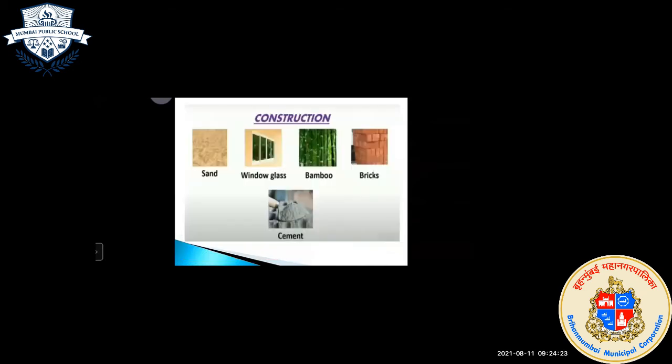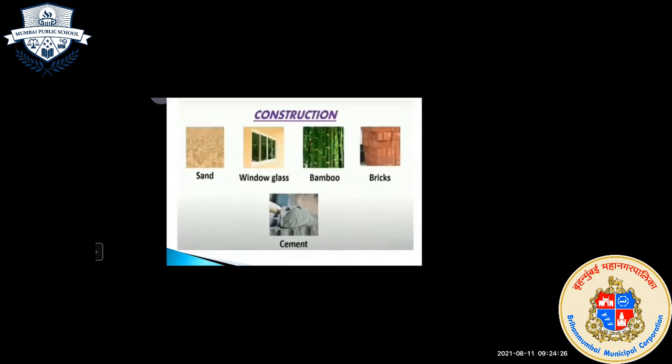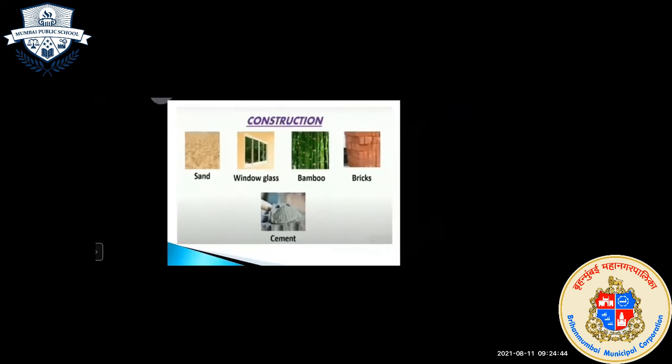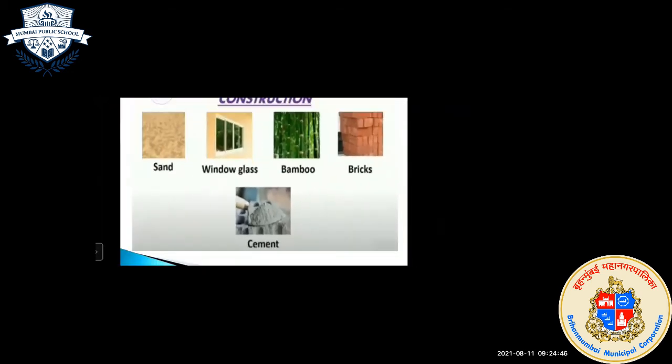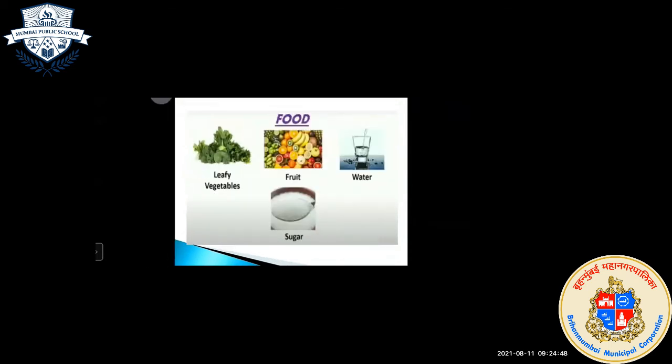So you see, for construction, we use different substances together. Understand? For construction, we use different substances like sand, window glass, bamboo, bricks, and cement. Means different substances are used together. Now for food, we use different substances, that is leafy vegetable, fruit, water, sugar.